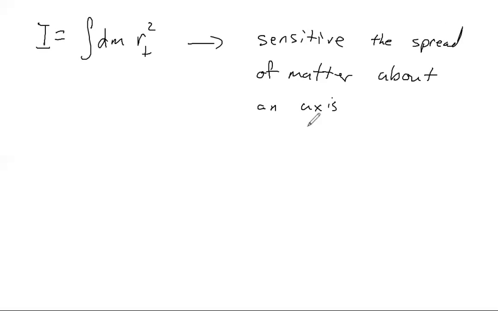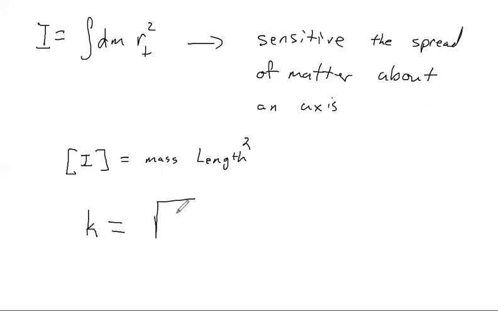We can actually do some unit analysis to motivate a definition of a quantity which will quantify this concept. The units of moment of inertia are mass times length squared. So we can define a quantity k. It equals the square root of I over m.